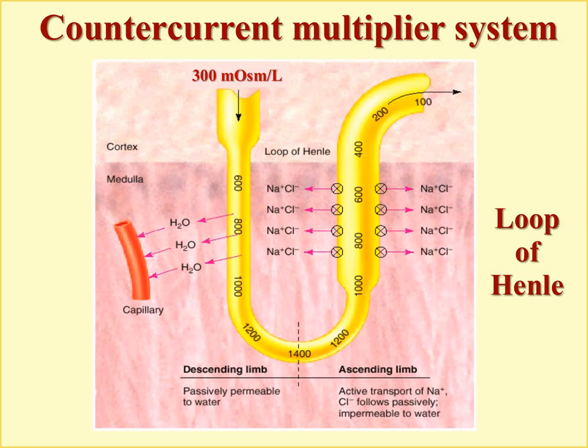And therefore, at the entry to the loop of Henle, due to parallel reabsorption of both sodium and water, osmotic pressure remains the same, about 300. But then, while fluid flows down through the descending limb, water is reabsorbed and ions are not reabsorbed, only water.